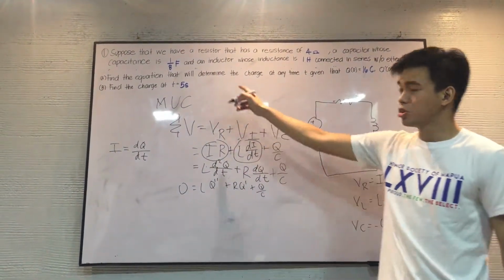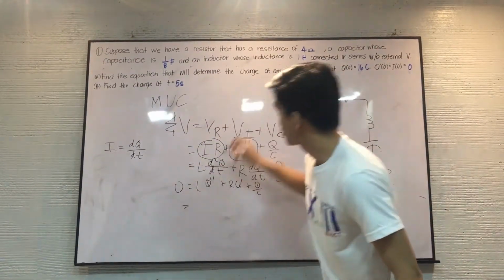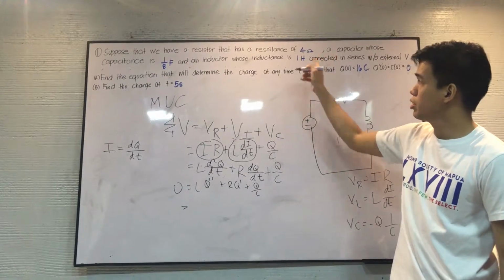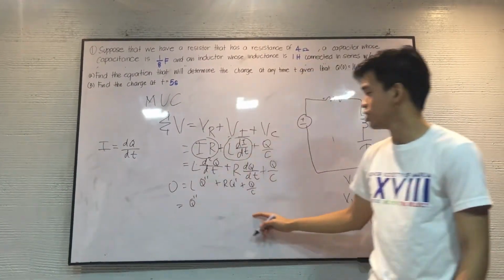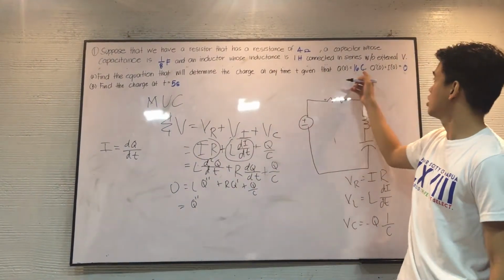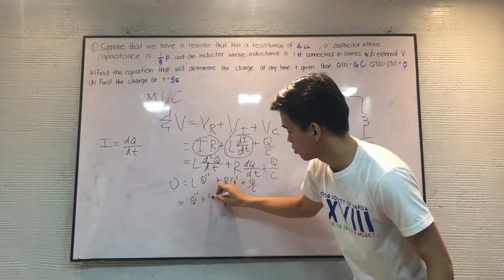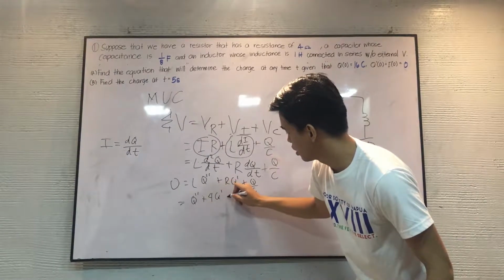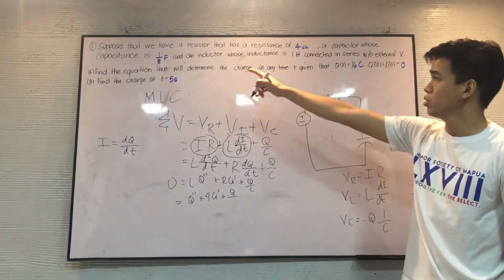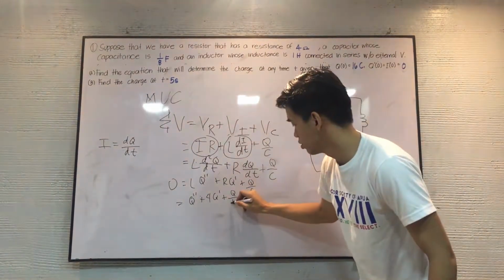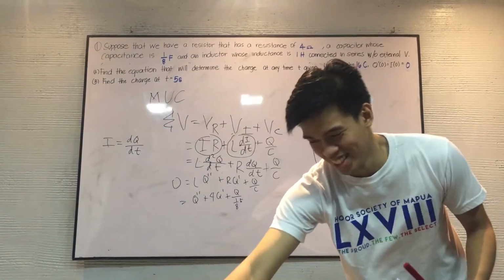Now we can substitute this with their given constants, where the inductance is equal to 1 Henry, the resistance is equal to 4 ohms, and its given capacitance is equal to 1/8 farad, which makes 1 over C equal to 8.